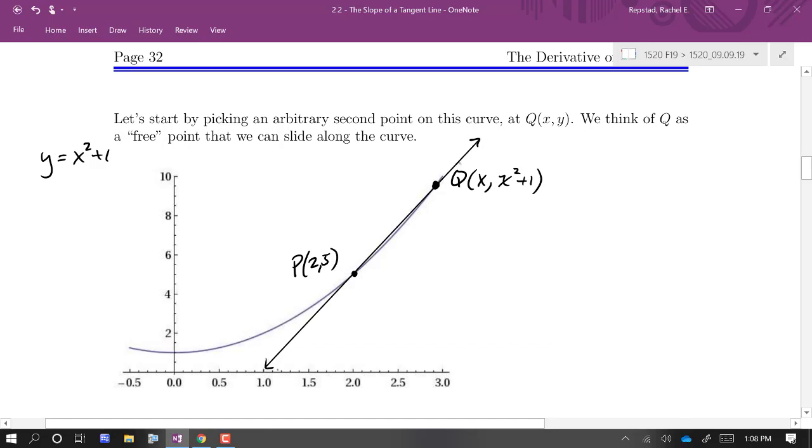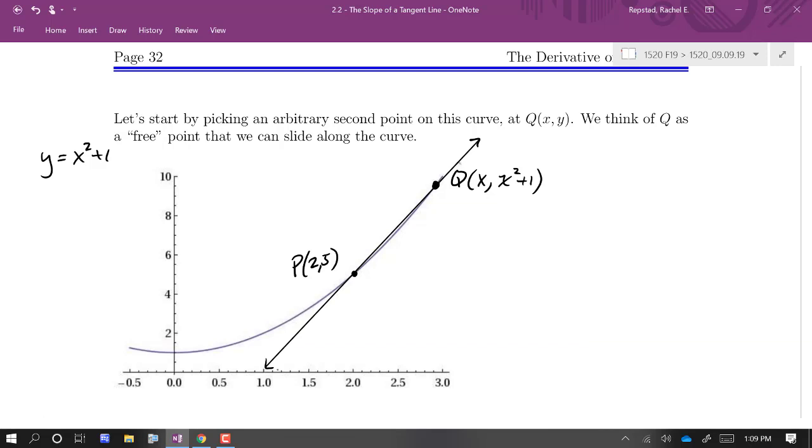I could be specific and pick x equals 3 or 2.5 or 2.1, and then I could find the actual numerical slope of that line. It wouldn't be the slope I'm after, but it's a way to get around the problem of having just 1 point.